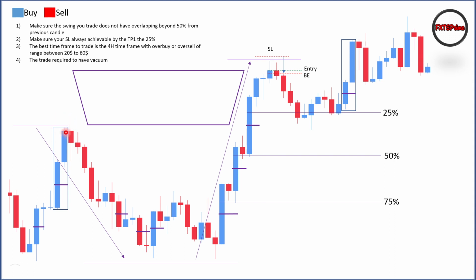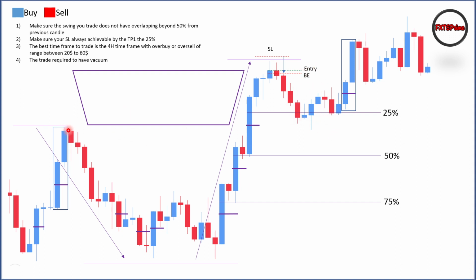So if you look here, you can see the first support level is almost beyond the 25% first take profit. So my take profit is almost achievable in vacuum. That means here there is no resistance and no support which can prevent us from achieving the first take profit.